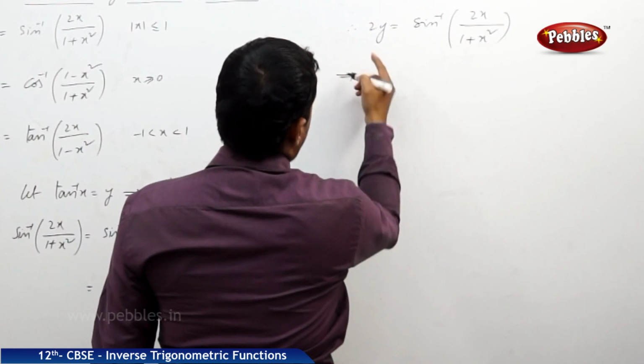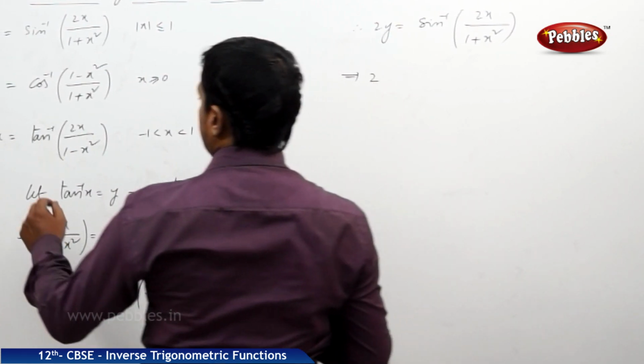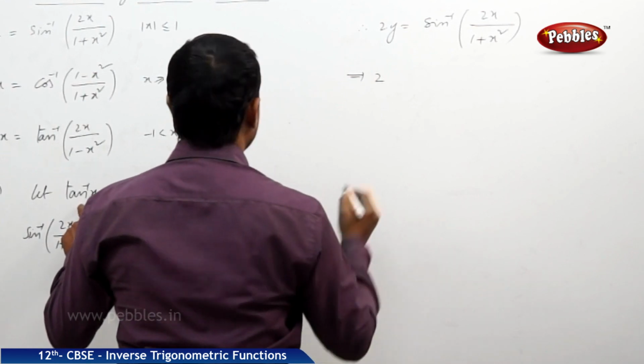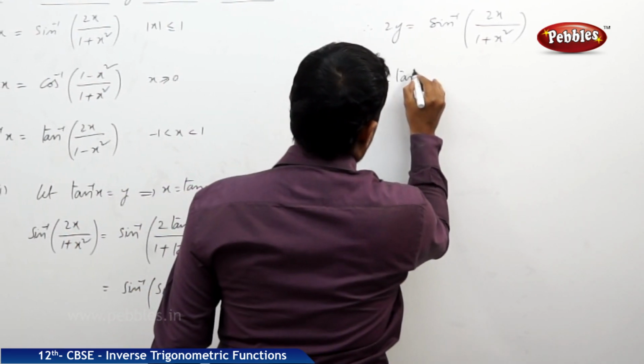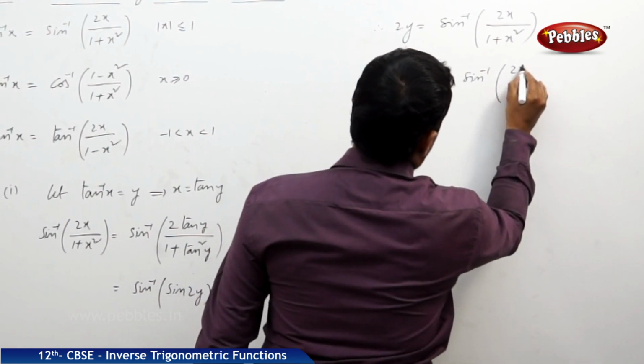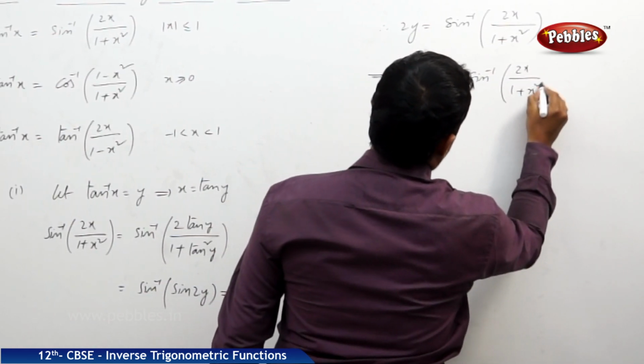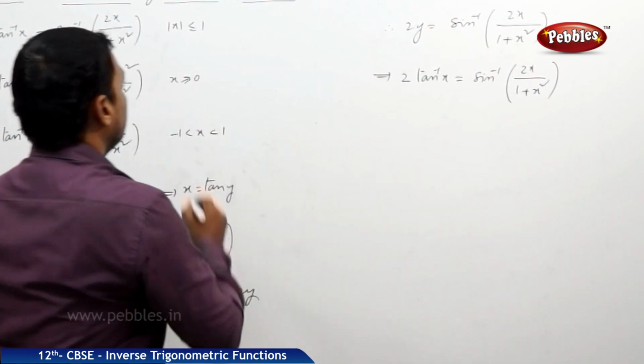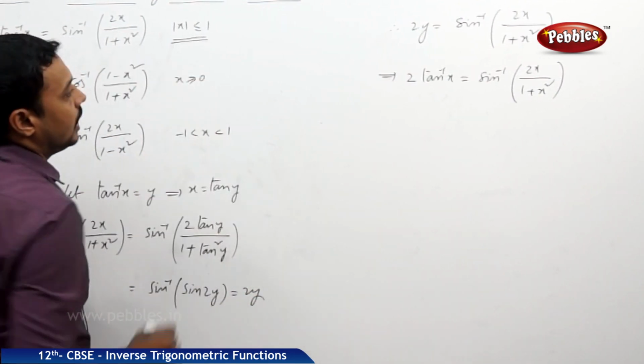This implies 2 into, but what is y? y is equal to tan inverse x. So 2 tan inverse x is equal to sin inverse of 2x by 1 plus x² for every |x| less than or equal to 1.